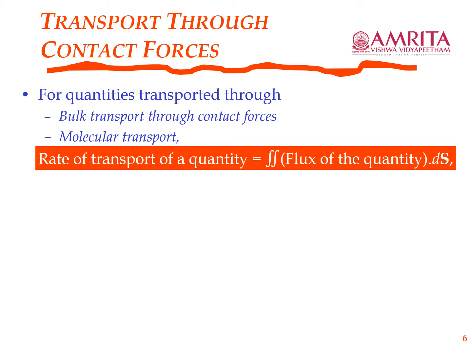So therefore, if you want to look at the rate of transport of a quantity, you take the flux, which is basically the quantity per unit area per unit time, rate per unit area. And then you take the flux and look at how the flux is changing. The flux is a point measurement, right?